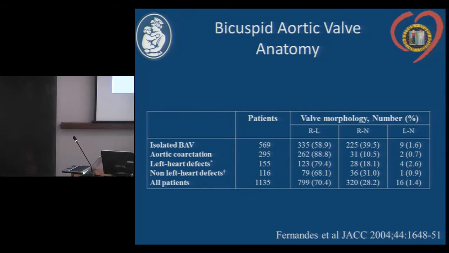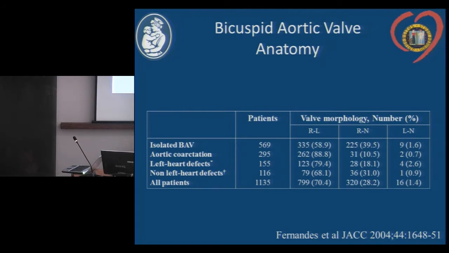And about 70% of all bicuspid aortic valves have an absence or fusion of the intercoronary commissure. So that's by far the most common, twice as common as any other kind, almost three times actually.